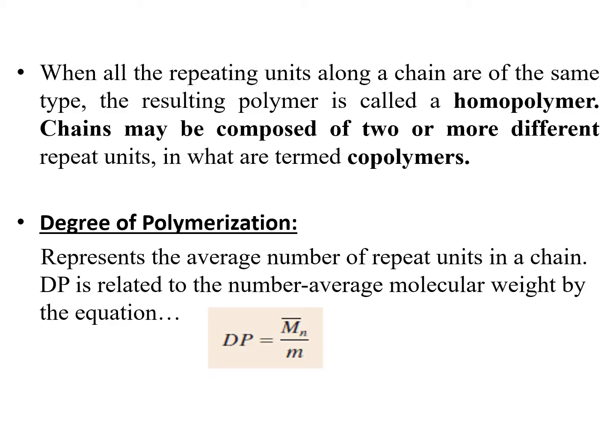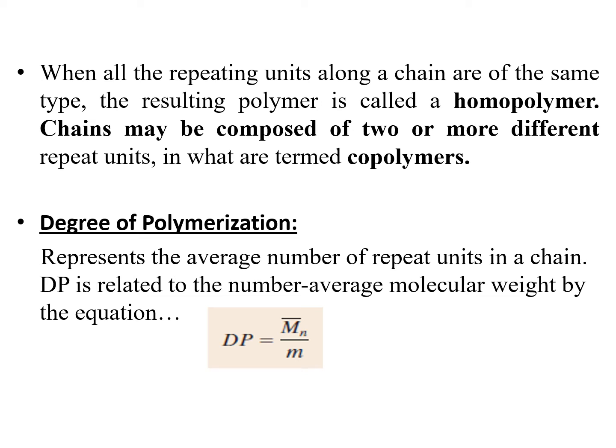Okay, so when all the repeating units, the monomers, are the same, the molecule is called a homopolymer. That is, the resulting polymer is called a homopolymer when all the repeating units are the same. But when there is more than one type of repeating unit or monomer present, then the molecule is called a copolymer.